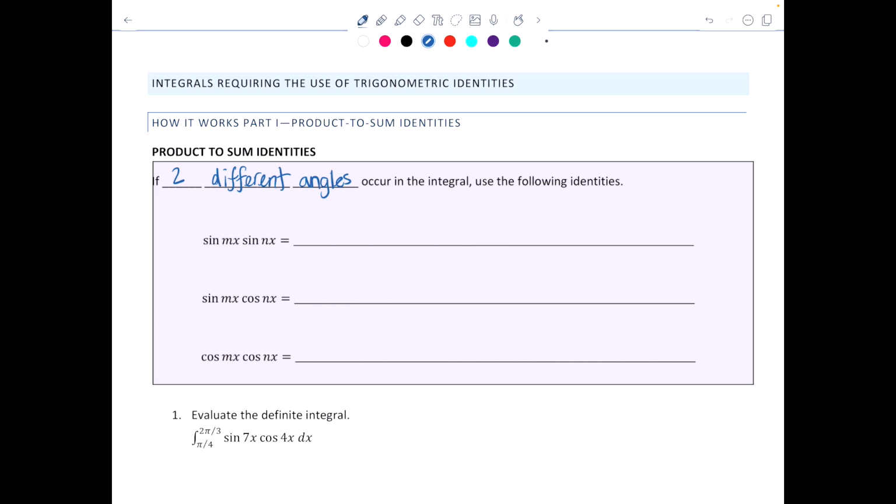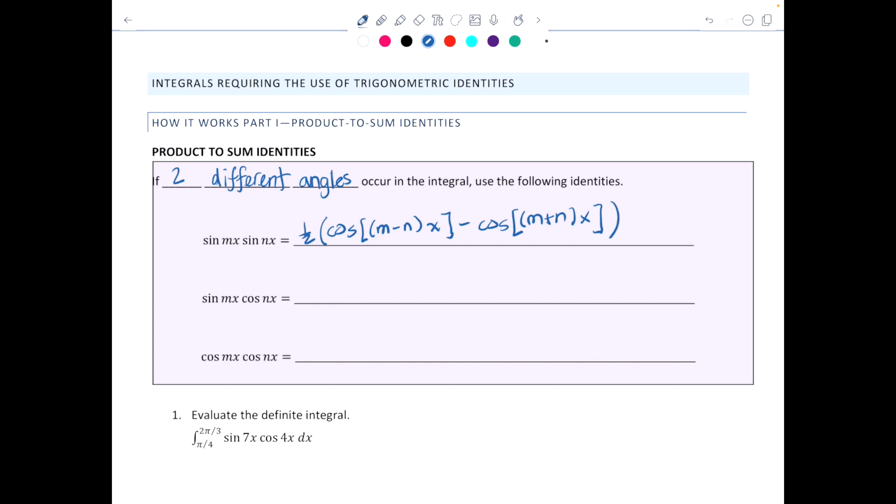If you have sine of mx times sine of nx, that's going to be 1/2 times cosine of the difference between m and n, times x, minus cosine of the sum of m and n times x.